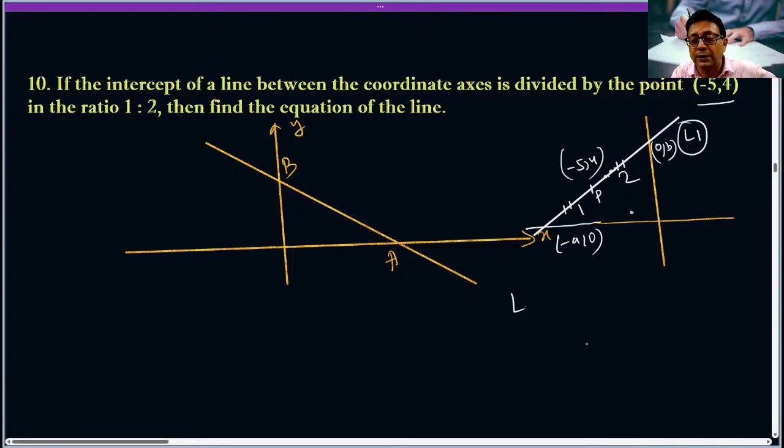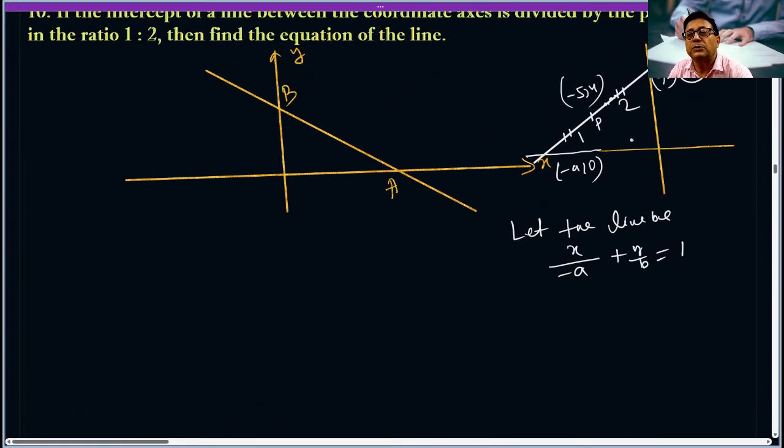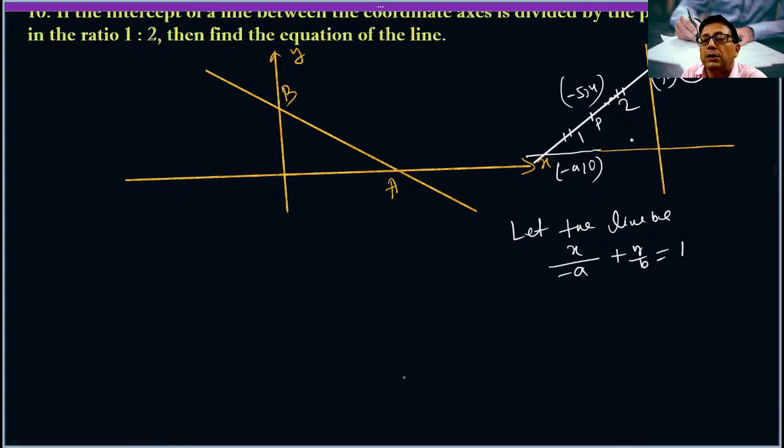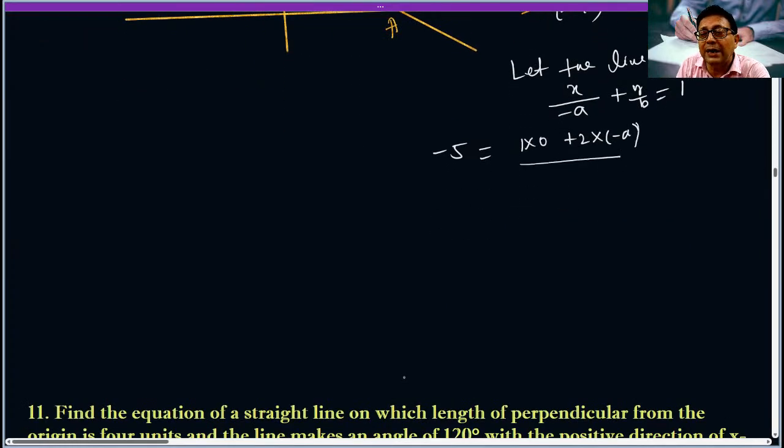So take the line. I'm finding it, wait. Let the line be x by minus a plus y by b equals 1. Okay. Now we have to get these a and b values. Minus 5 equals 1 into 0 plus 2 into minus a, divided by 3.